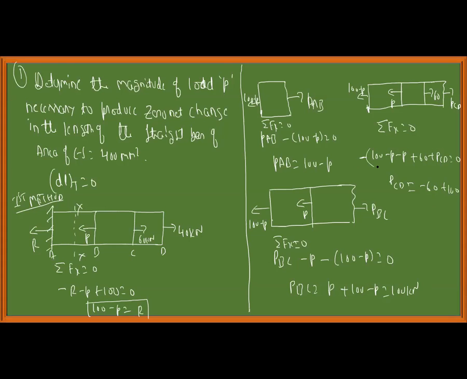Minus of 100 minus P, so PCD is equal to minus 60 plus P plus 100 minus P. Is this right?